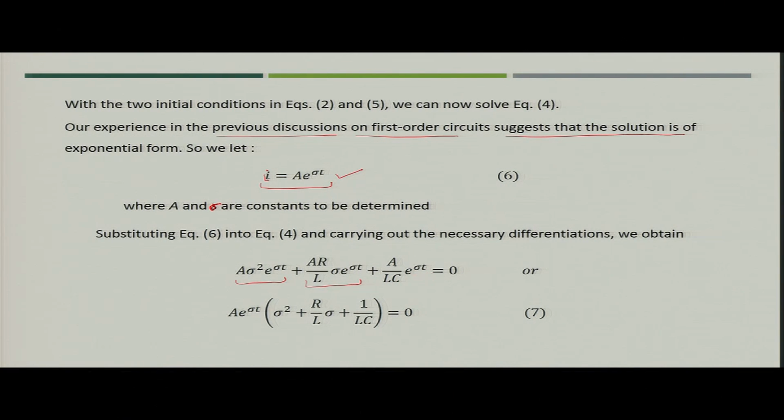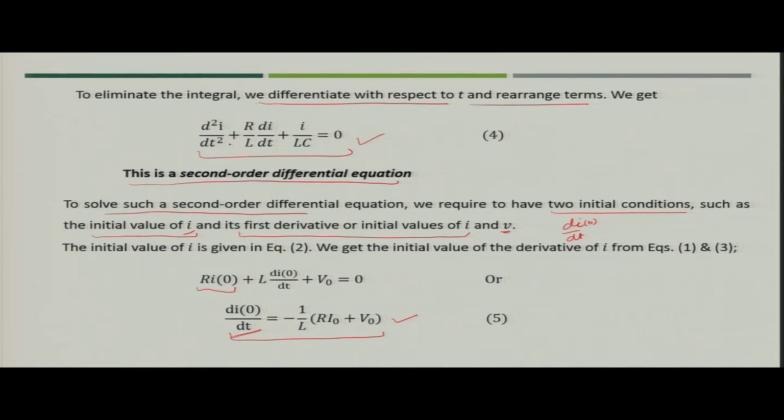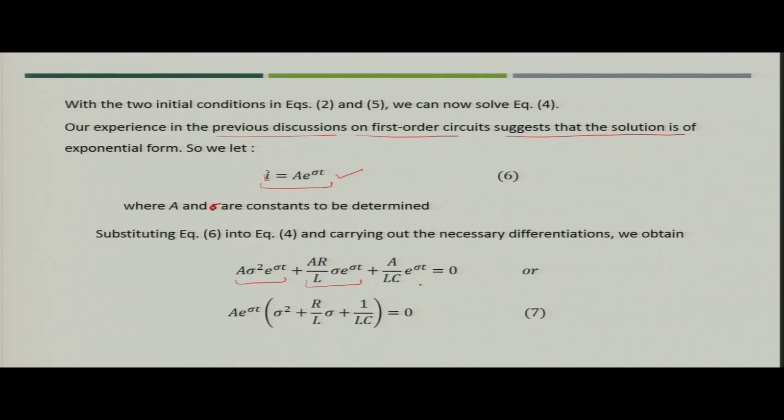This you will get simply by putting the value of I into this equation. Now, if you rearrange, you can take A e to the power sigma t out, and in the parenthesis you will see sigma square plus R by L sigma plus 1 by L C equal to 0.